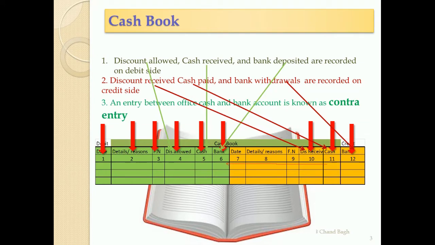So from cash, if you deposit into bank, that is from 11th column to the 12th column, this type of entry has effect on both the columns, credit side of the cash and debit side of the bank, or credit side of your bank and debit side of your cash. If you withdraw from your bank and keep it in your office, so bank will be credited and cash will be debited. So let's practice some example.